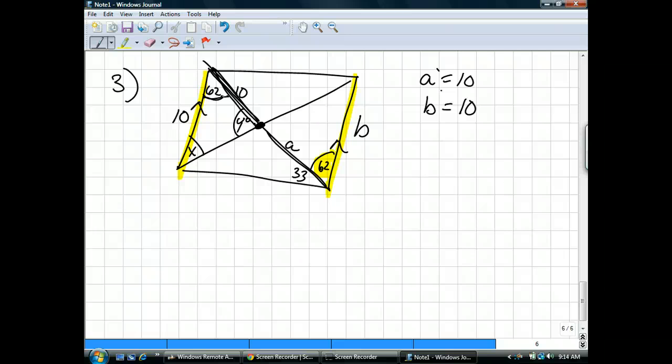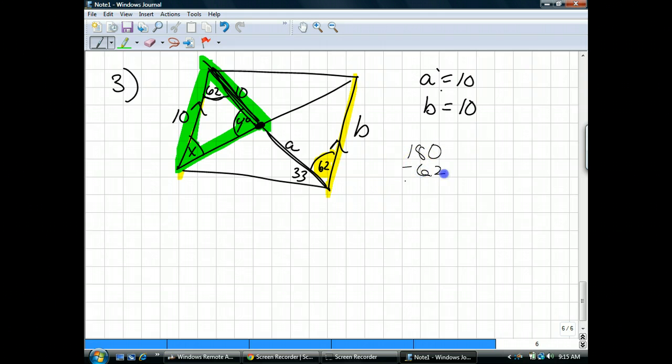And let's see, we know then that this is an isosceles triangle because this side is congruent to this side. So that means that angle X must be congruent to angle Y. And so we know that the angles of a triangle add up to 180 degrees.